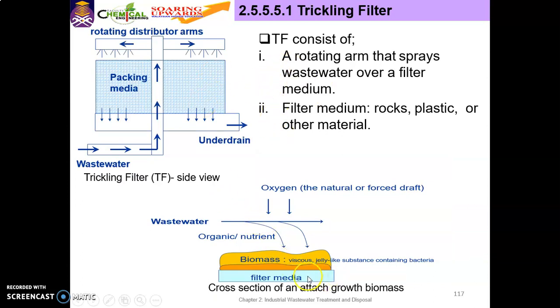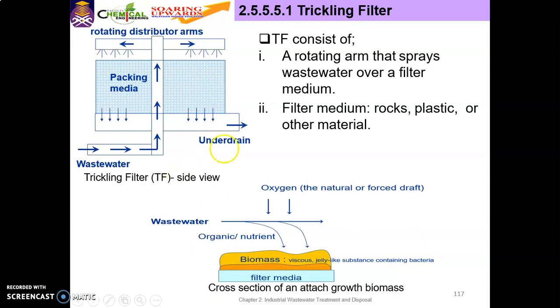We have filter media, and the biomass will slowly thicken. After thickening occurs, it will peel off, because it has become too thick on the surface of the filter media. After some time it peels off, and then it starts again. So that is the process.